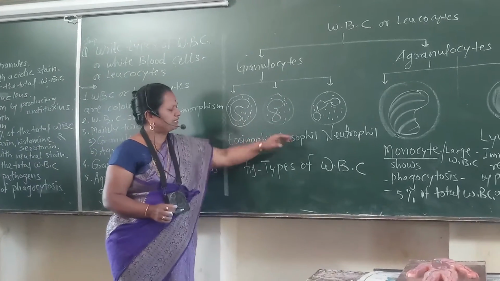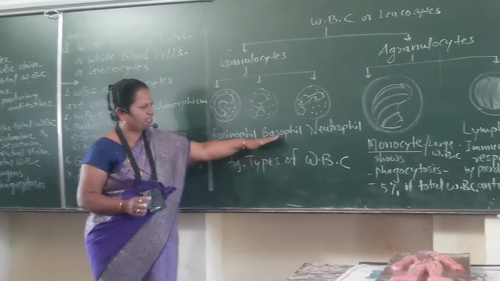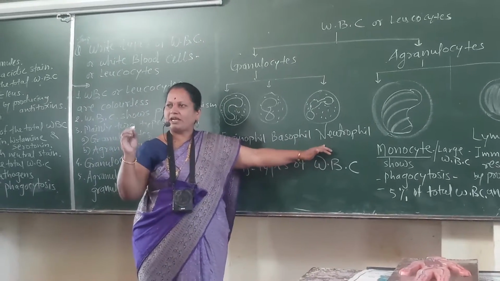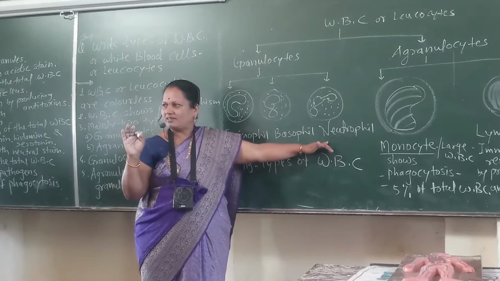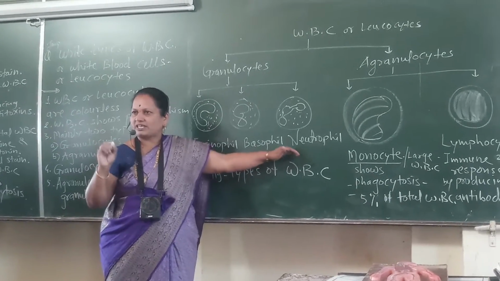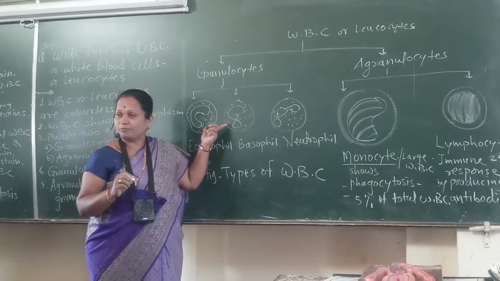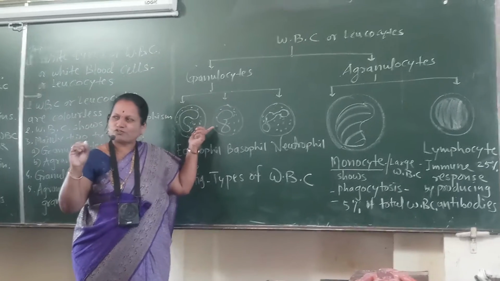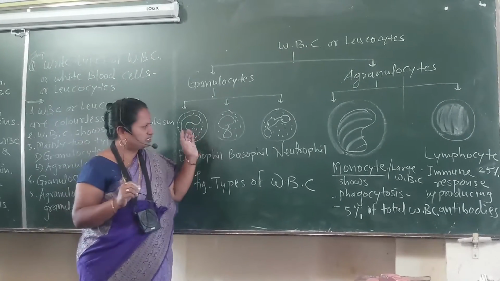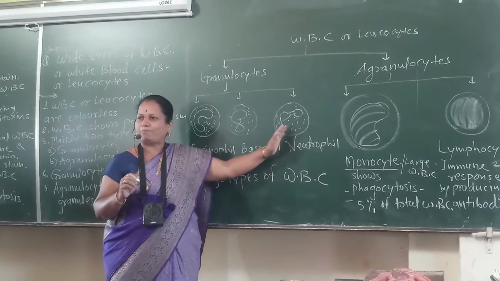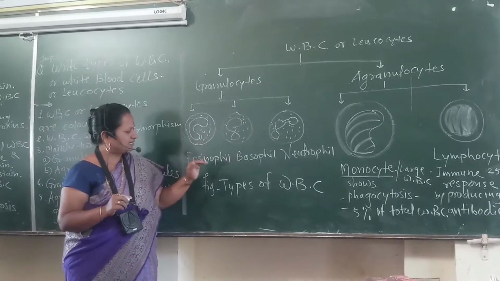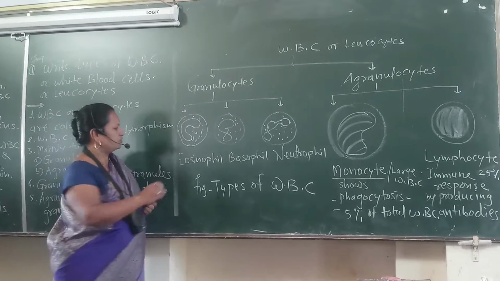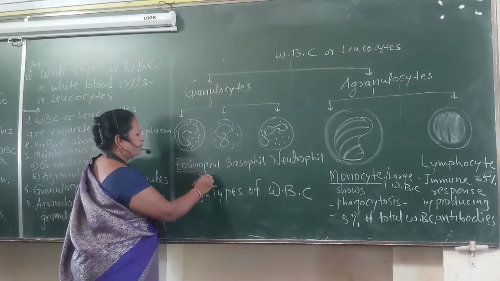Granulocytes are divided into three types, eosinophil, basophil and neutrophil, depending upon the staining property. What is meant by stain? Stain means dye which can color the WBCs. Under the microscope, we can differentiate these WBCs with the help of staining.